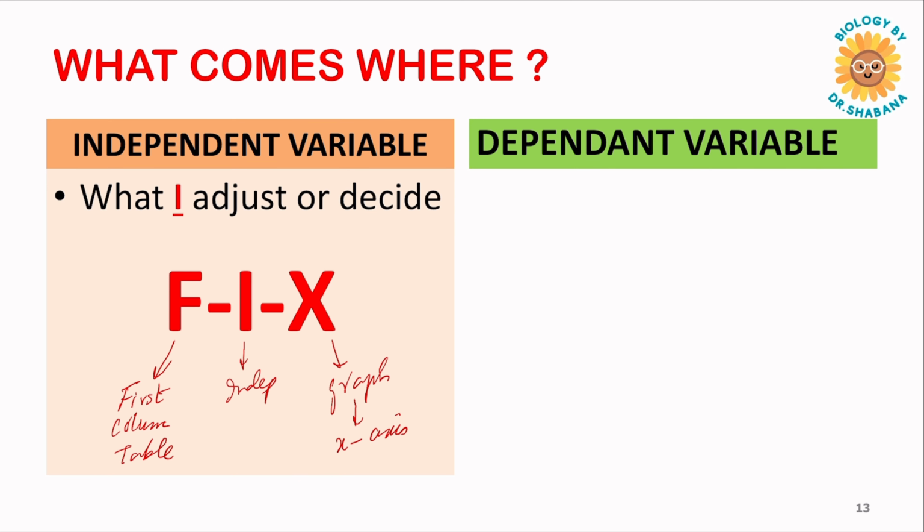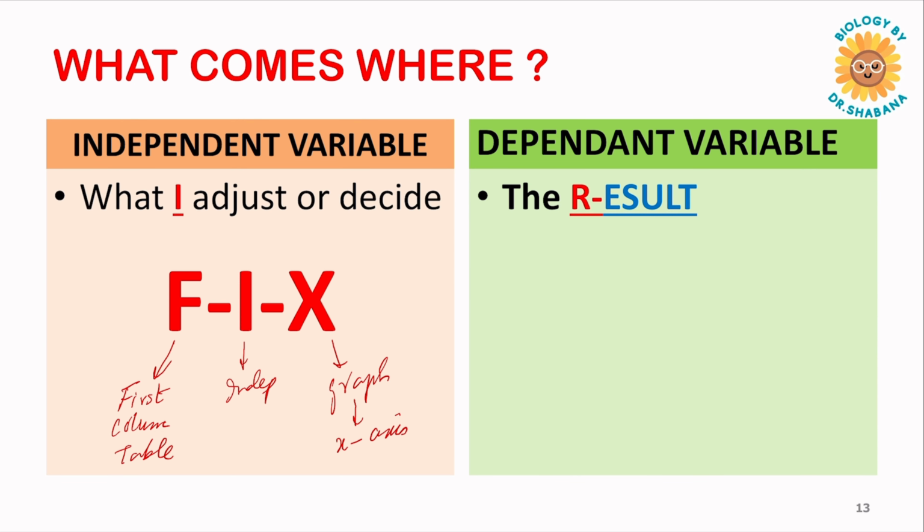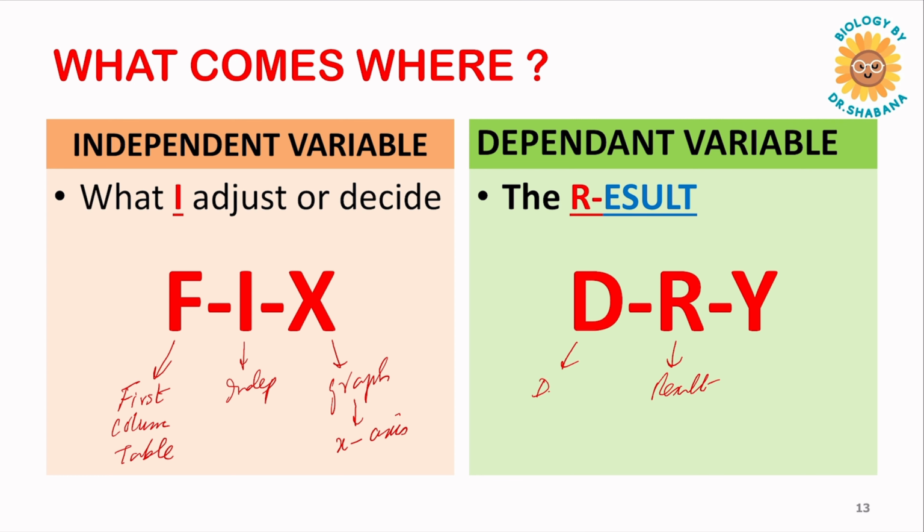What about the dependent variable? Well, the dependent variable is going to be my result, so I'm going to use this R. You can make any mnemonic that you want, right? So I'm going to make a simple mnemonic like DRY. Now DR stands for the result, and D obviously stands for dependent, and Y would mean, if this is the first column in the table, then the other columns on the right side could be the result.